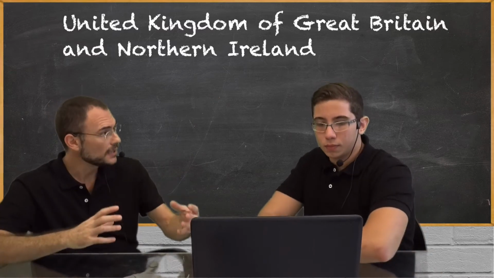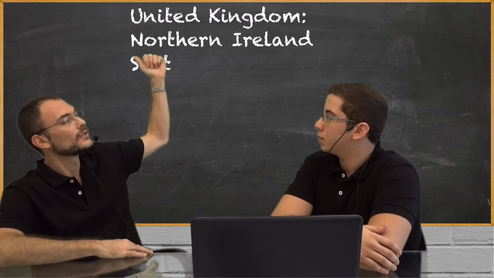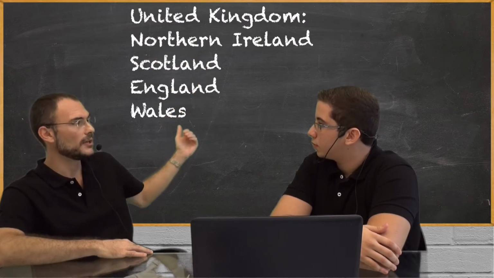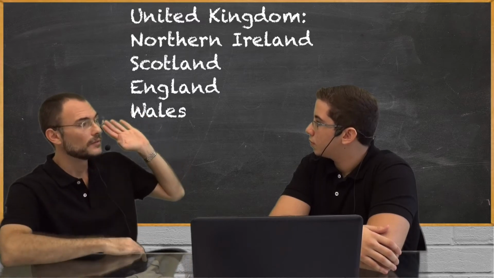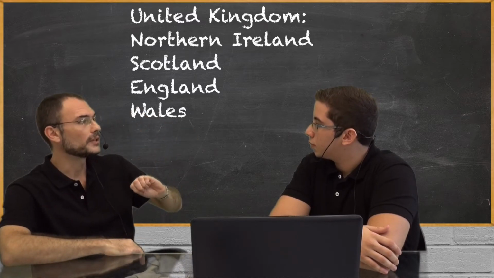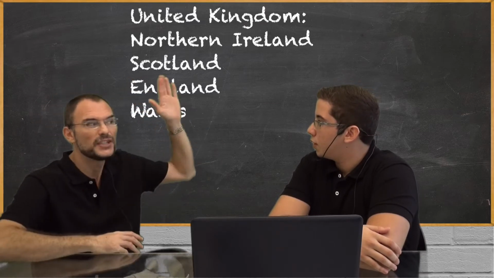So the United Kingdom is Northern Ireland, Scotland, England, and Wales. The United Kingdom is made of 4 countries, Great Britain is made of 3 countries, and the Commonwealth 50-odd countries. 52, 53, 54 countries.